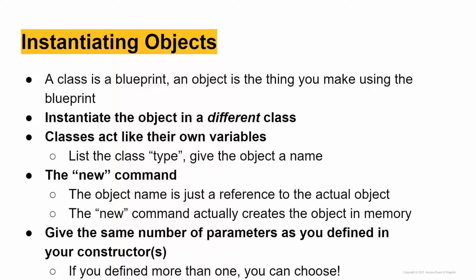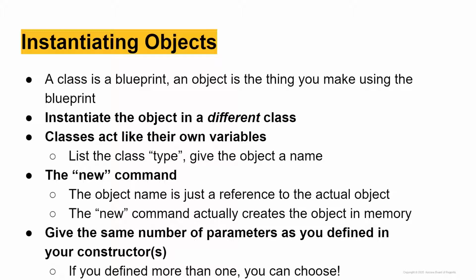So we are always going to instantiate objects in a different class from the class in which they are defined. We couldn't call an animal object from within the animal class, because the object uses the class itself to make the object, so that wouldn't work. So in this case, classes act like their own variables.